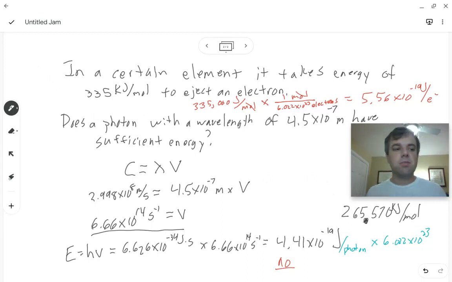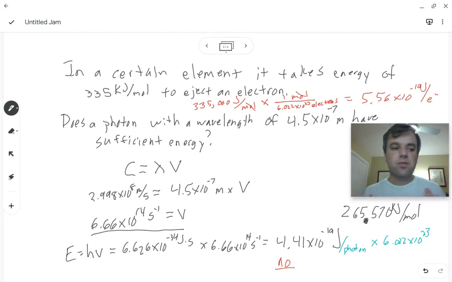You'll have a couple more sample problems in your assignment for today, just to see if you can get the hang of a few of these problems. It's just two formulas. You have that speed of light equals frequency times wavelength, and then energy equals Planck's constant times the frequency.